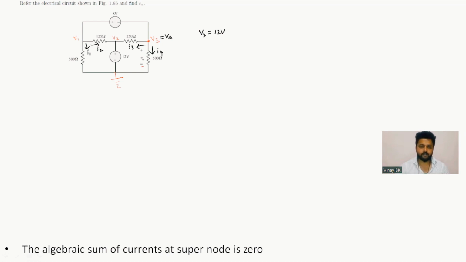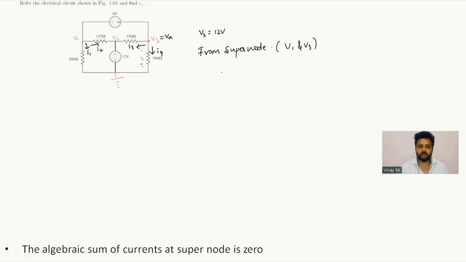From the supernode, we'll get one equation. First you should know which is the supernode: the voltage source which is connected between V1 and V3. So the supernodes are V1 and V3.